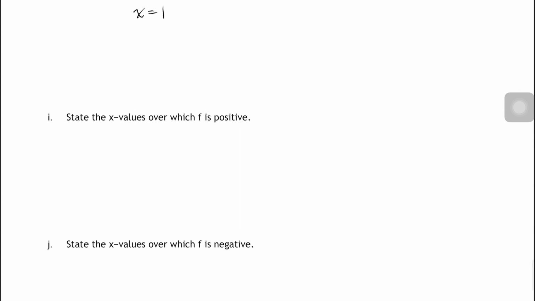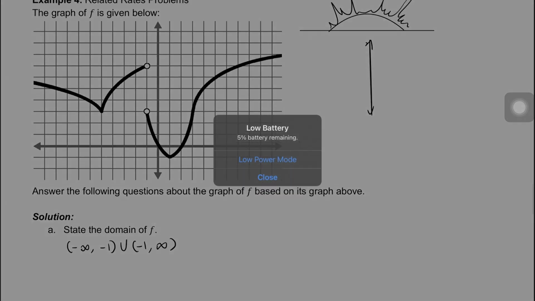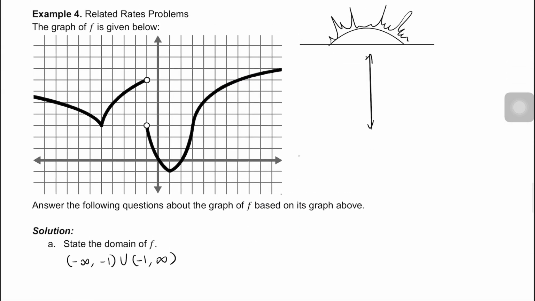And now we're going to determine when the function is positive. This is different, because now we're looking at when the function is positive. The function is positive whenever it is above the x-axis. It's negative if it's below the x-axis.